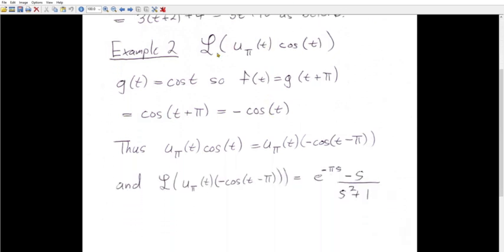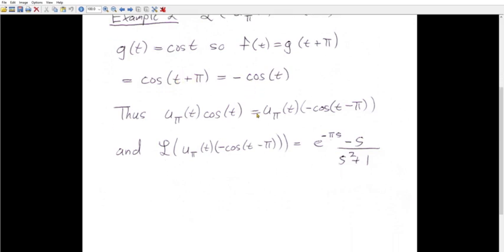Okay, so another example. Let's Laplace transform u pi of t times cosine t. So again, g of t is cosine t. We need an f so that this is actually f of t minus pi. So what we pick for f of t is g of t plus pi. The cosine of t plus pi, well, that's t plus halfway around, which is minus the cosine of t.